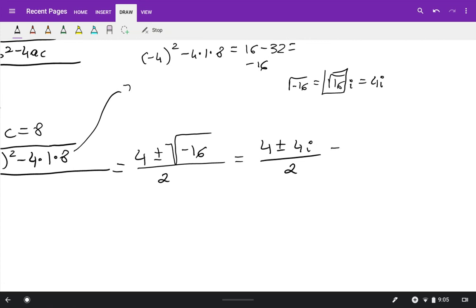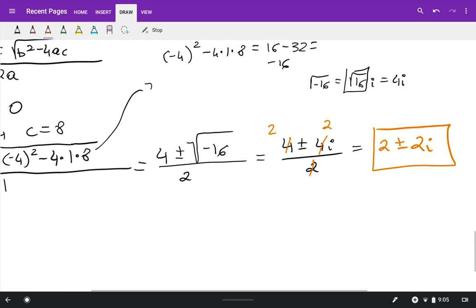In this case, each of the numbers can be reduced by 2, so you just divide each of them by 2. 4 divided by 2 gives you 2, and 4i divided by 2 is also 2i. So you end up with 2 plus minus 2i. Many times we write the solution that way, though we already know that we have two different solutions, but that's a shortcut.